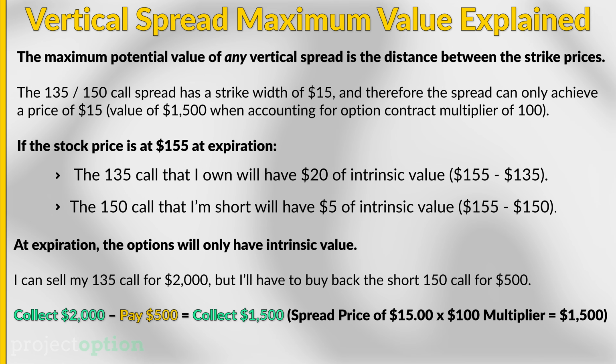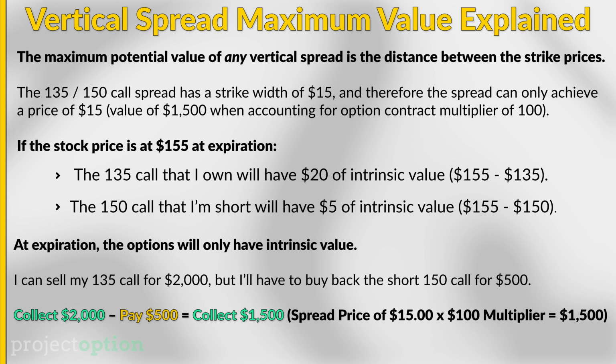So for example, if the stock price is at $155 at expiration, the 135 call that I own will have $20 of intrinsic value, but the 150 call that I am short will have $5 of intrinsic value.